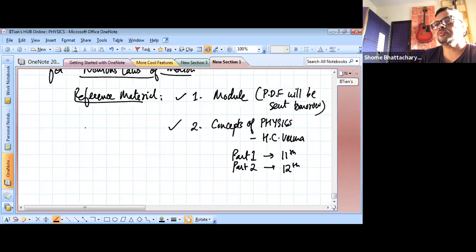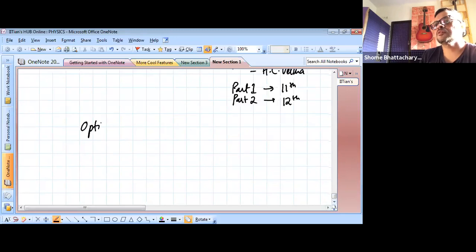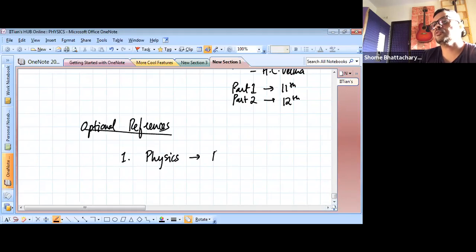Now additionally, there is some optional reference material which you can follow. So one is Physics by authors Resnick, Halliday and Krane.